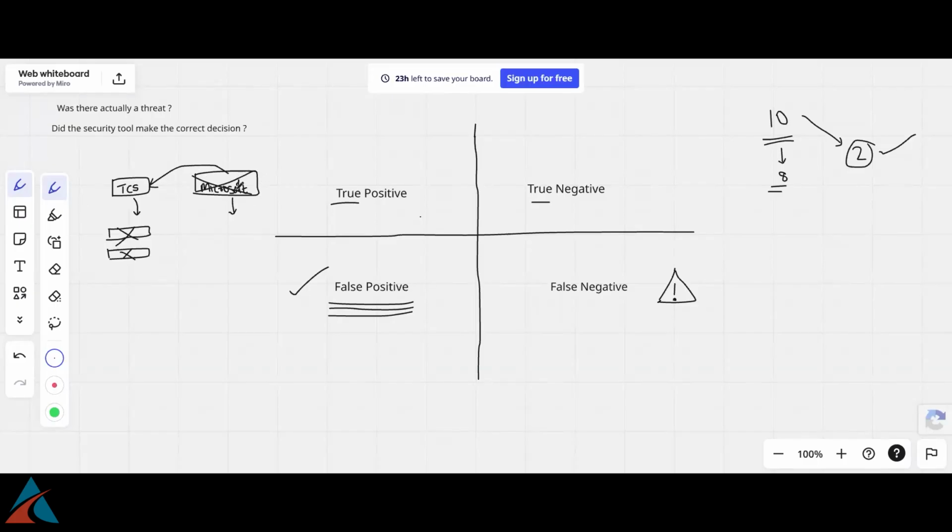Who will Microsoft blame? TCS, right? The products are not working properly. So Microsoft will lose trust in TCS. So customers lose trust because of false negatives, because things in your environment are not working properly.